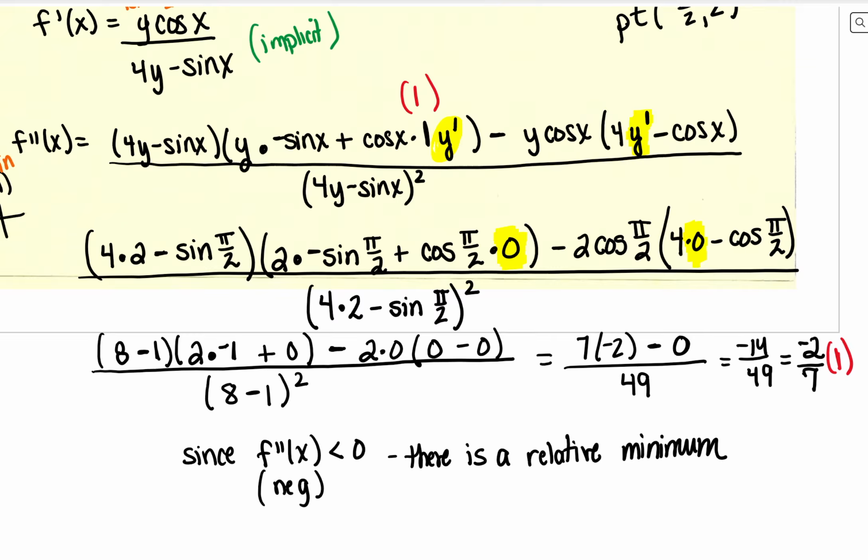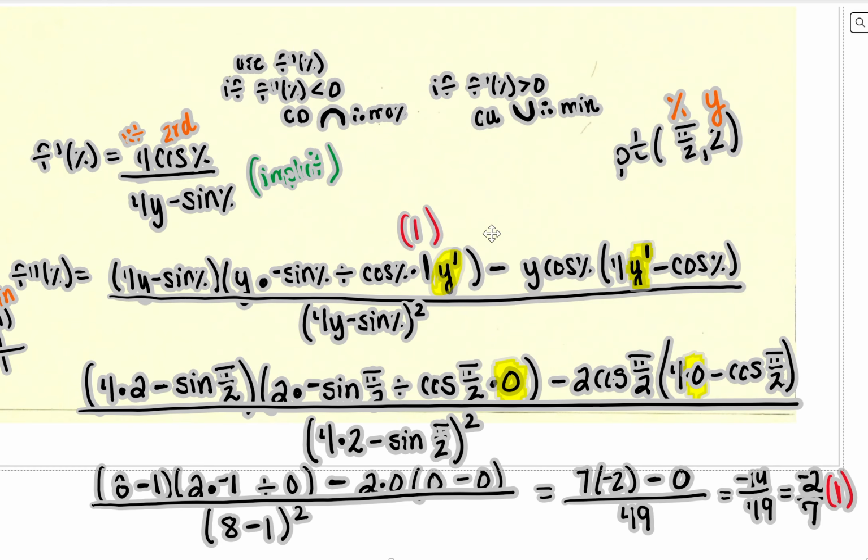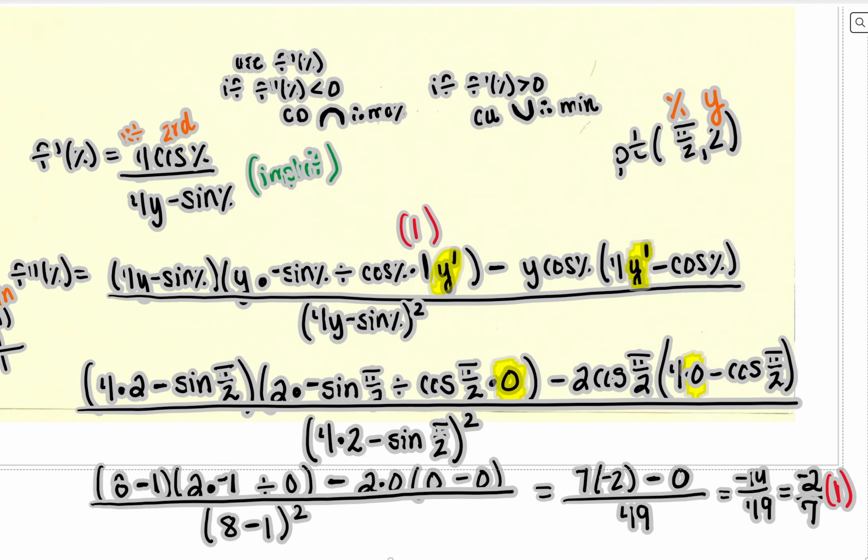If you were able to say that there's a relative minimum and give a reason for it, give yourself a point. There was also another point just for considering the dy dx. Maybe that's where that was right there, considering this y prime right there.